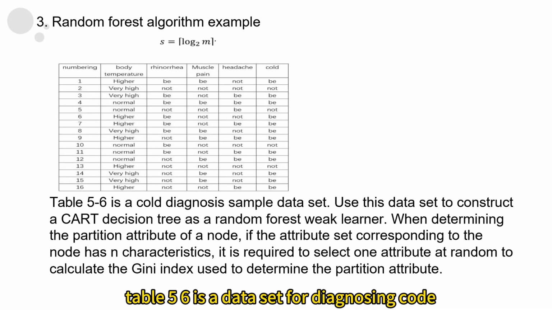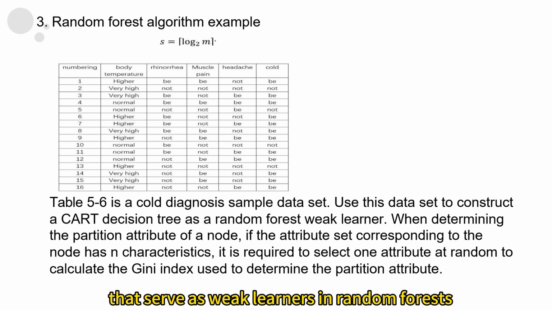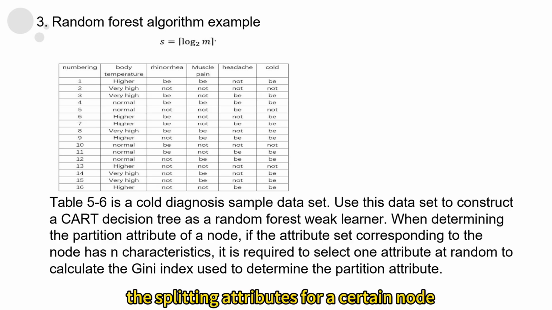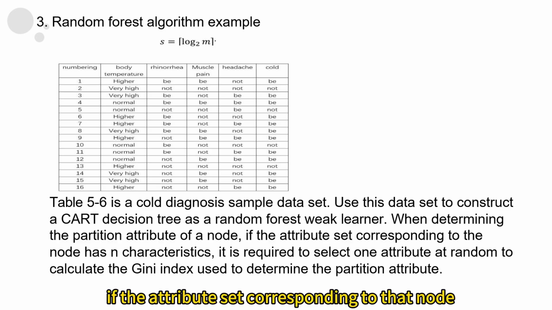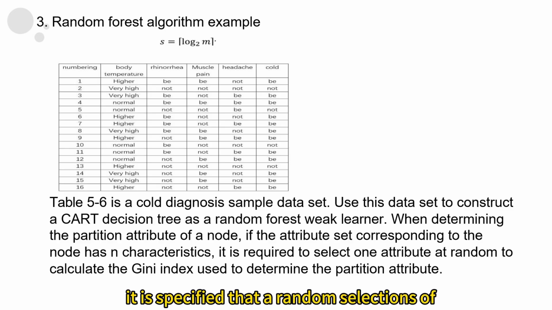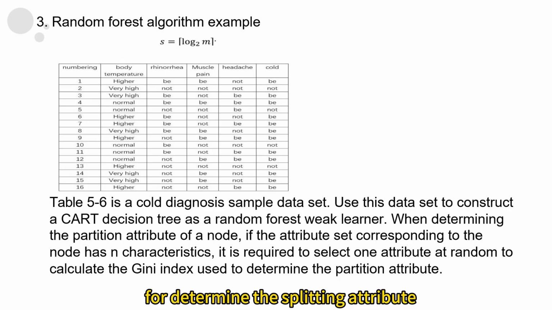Table 5.6 is a dataset for diagnosing cold. Using the dataset, construct CART decision trees that serve as weak learners in a random forest. When determining the splitting attribute for a certain node, if the attribute set corresponding to that node has n features, it is specified that a random selection of k attributes will be used to calculate the Gini index to determine the splitting attribute.